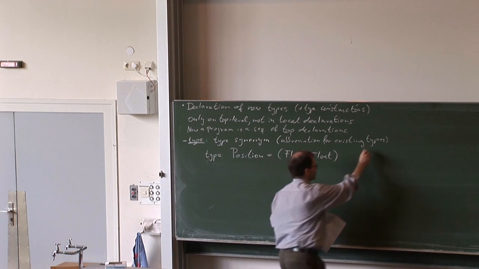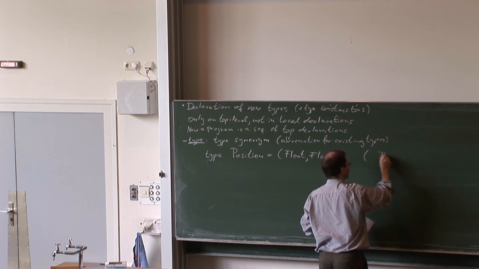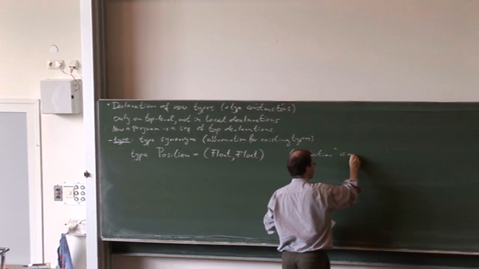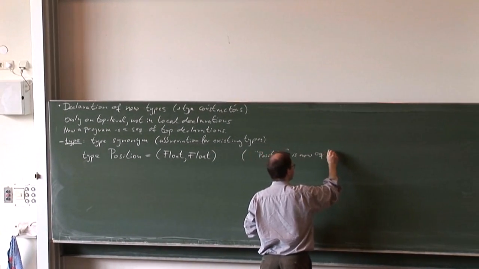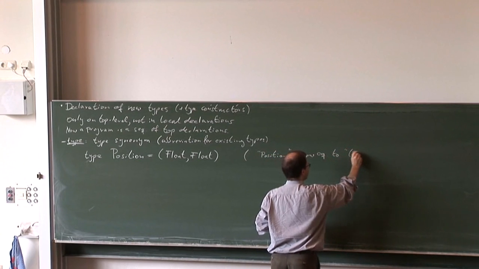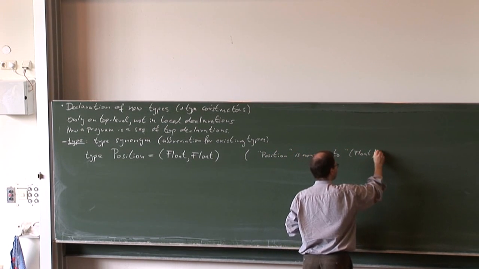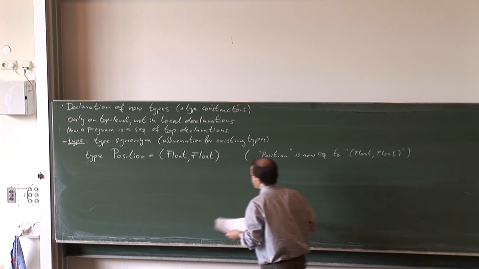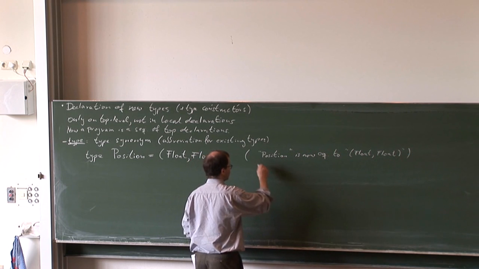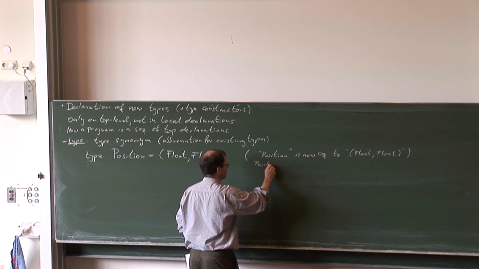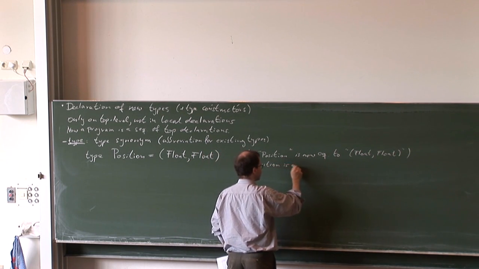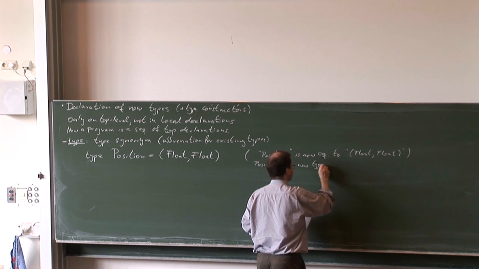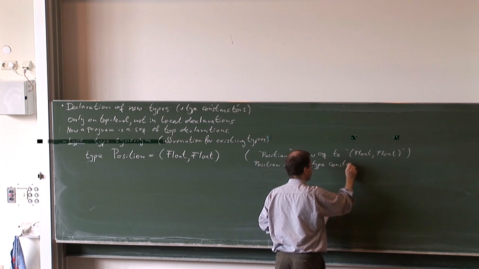So now the type Position is completely identical and equivalent to writing the pair of Floats. And Position is a new user-defined type constructor of arity 0.